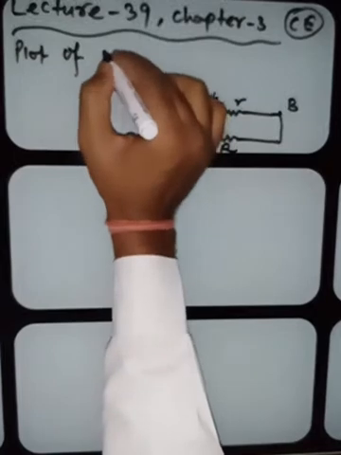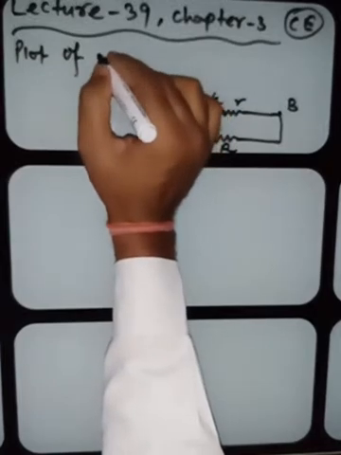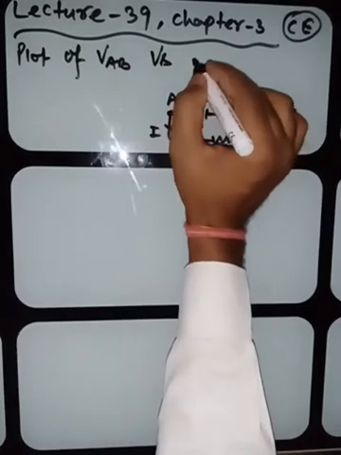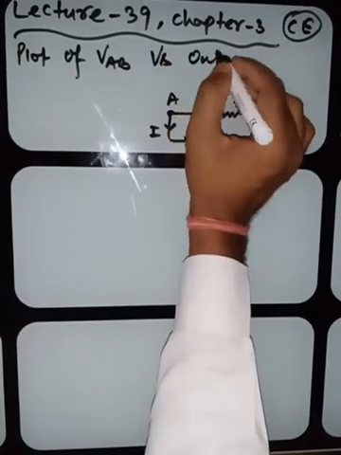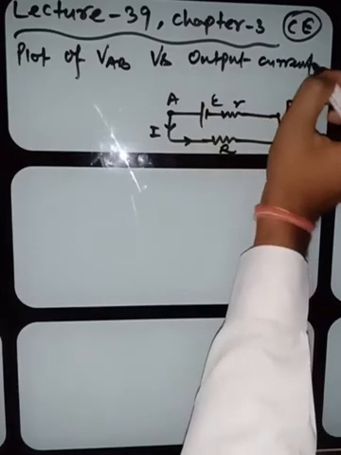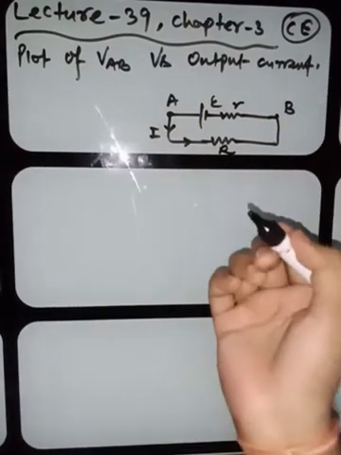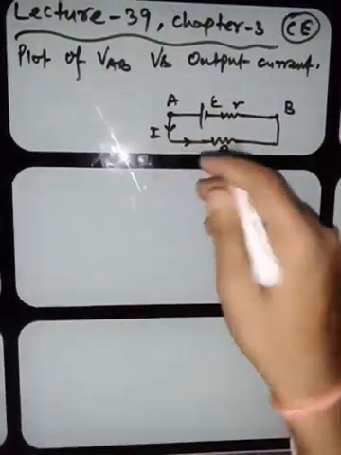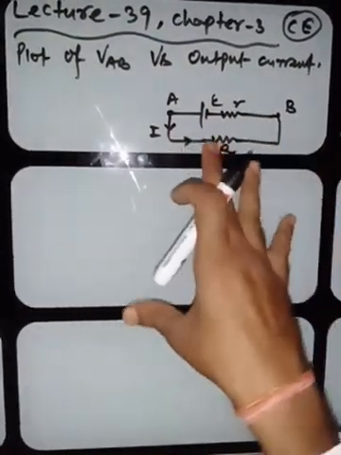So we are going to plot the graph of terminal voltage, VAB, versus output current. What will be the nature of that output current? Could you write the equation for the current here?